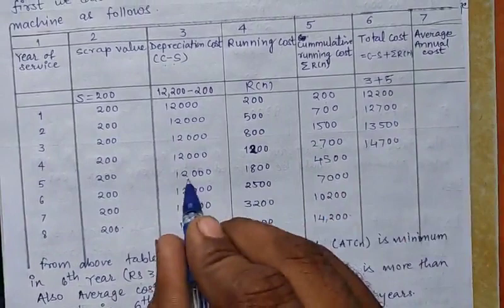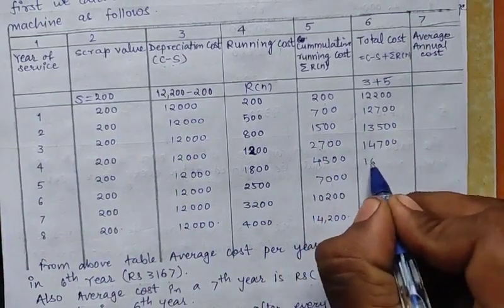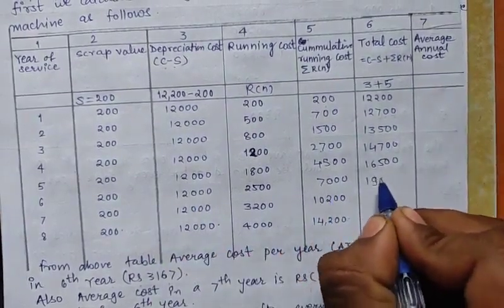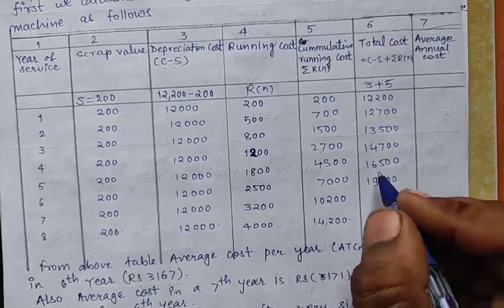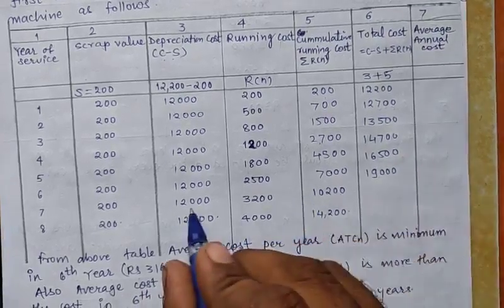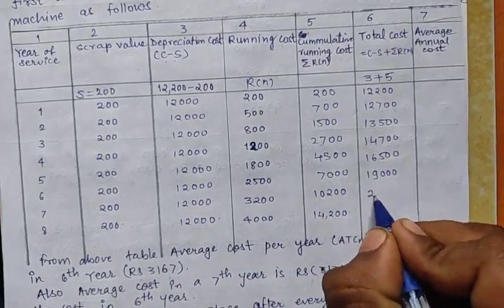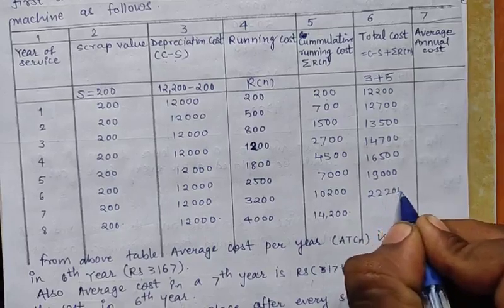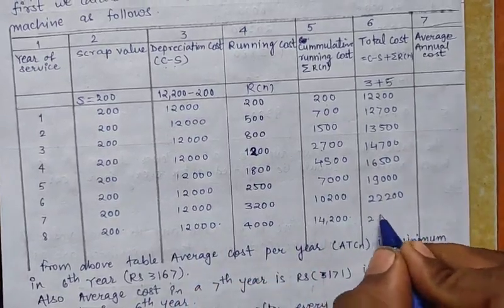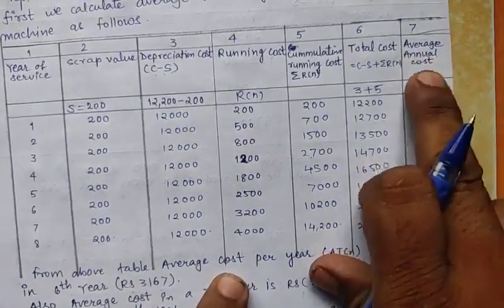Next we'll add 12,000 plus 4,500, which is 16,500. Next 12,000 plus 7,000, 19,000. Next 12,000 plus 10,200, which is 22,200. Next 12,000 plus 14,200, which is 26,200.